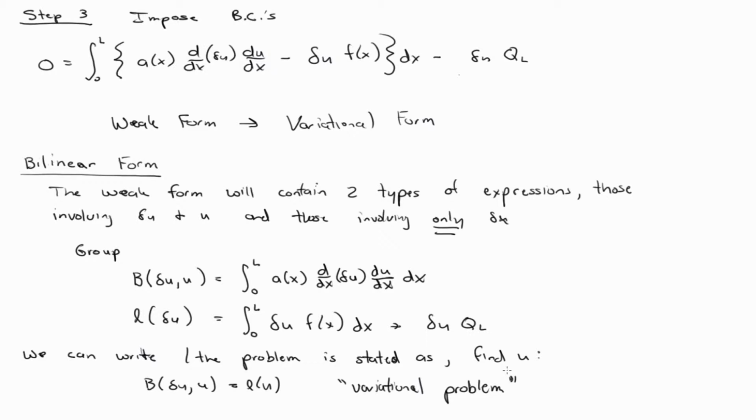So in other words, given del u, find u. That should be del u. So given del u, find u such that this is true. And this is the variational problem.